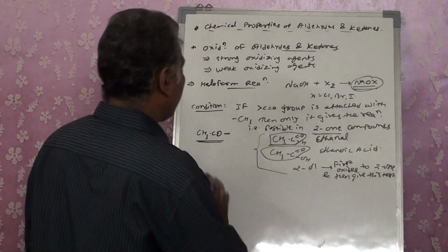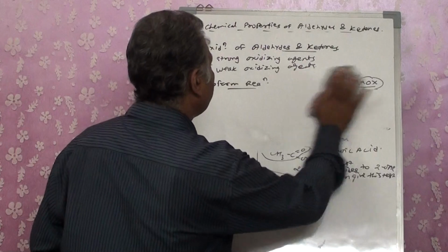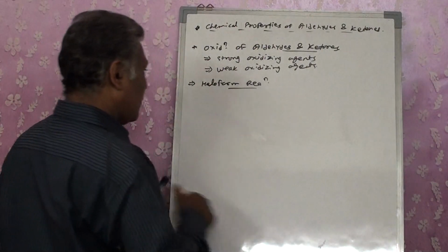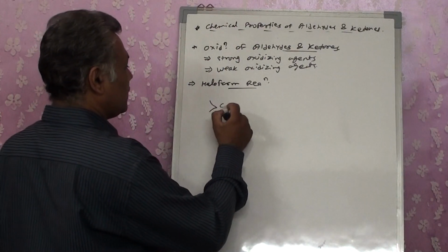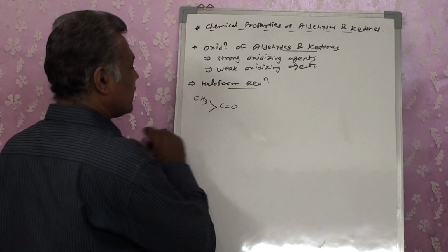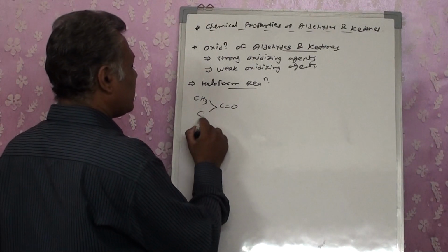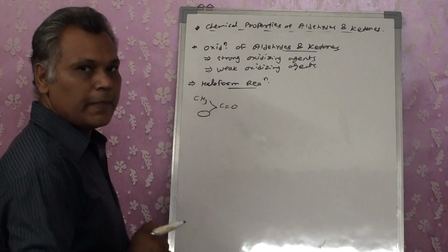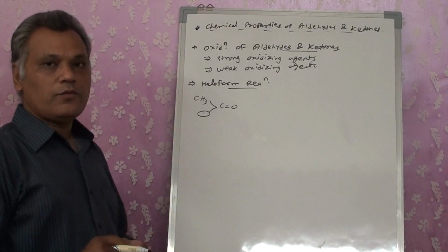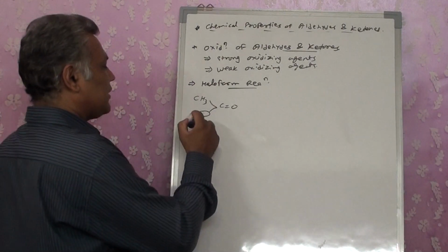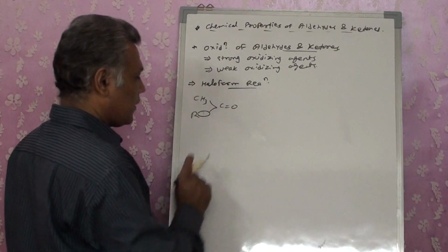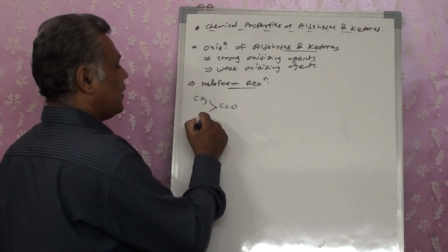Right? Let's see what reaction is happening. The carbonyl group has one CH3, and something else is present here, maybe any other functional group. Let's take it as R dash.